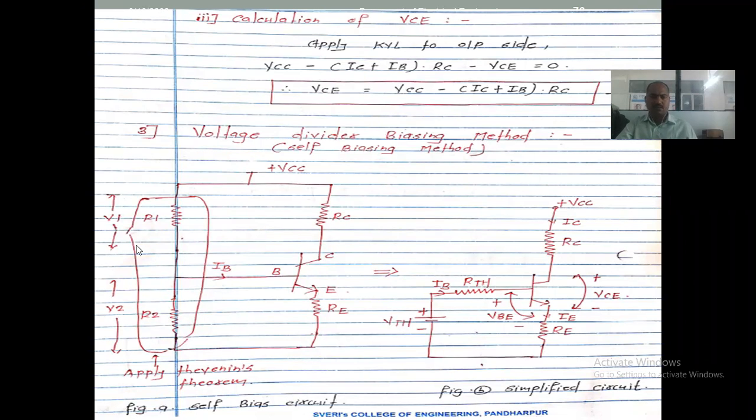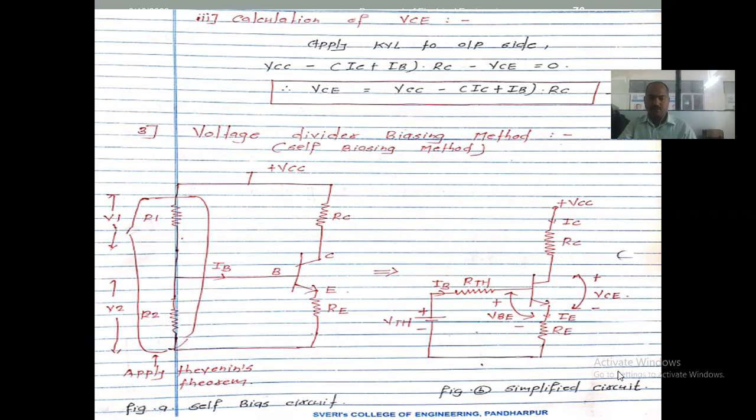Now these two resistors are considered as RTH, and whatever voltage is generated by R1 and R2 is considered as the VTH voltage.